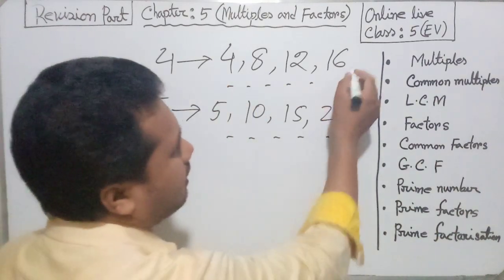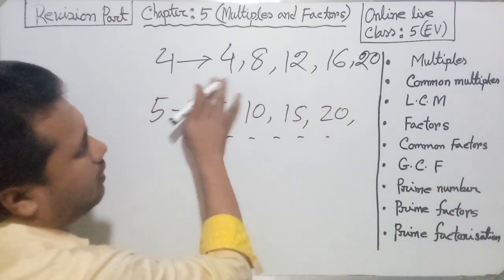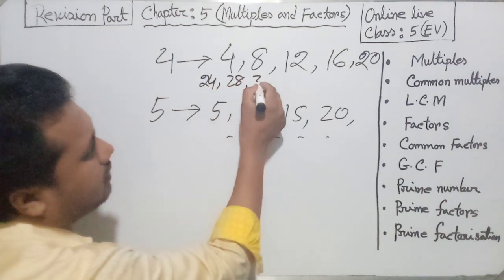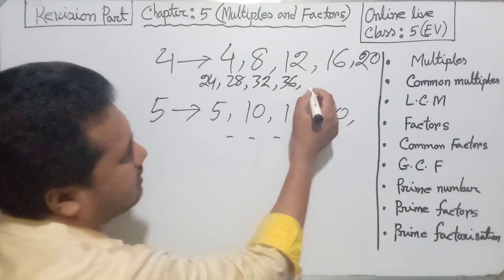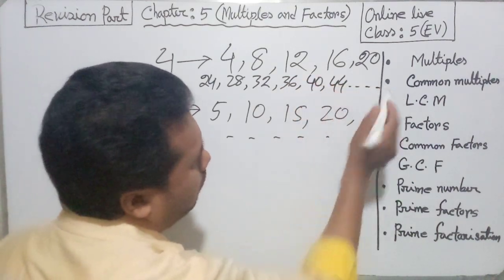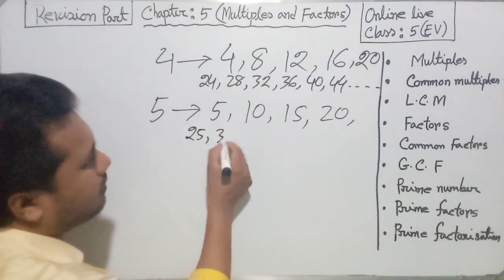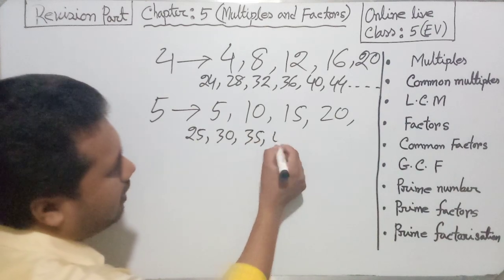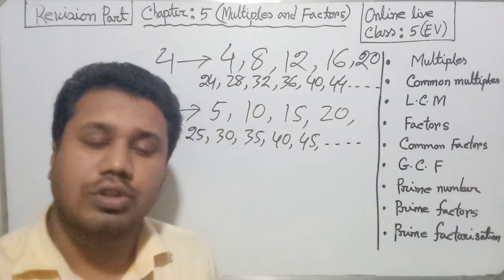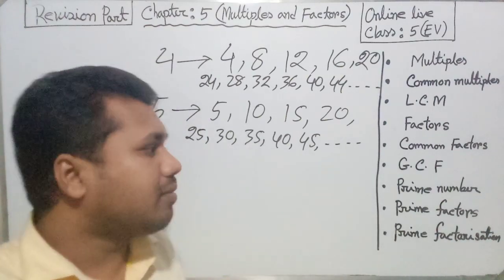Suppose we can write 4, 8, 12, 16, 20, then 24, 28, 32, 36, 40, 44, like this. And for 5 we can write 25, 30, 35, 40, 45, like this. Also we can write so many multiples.